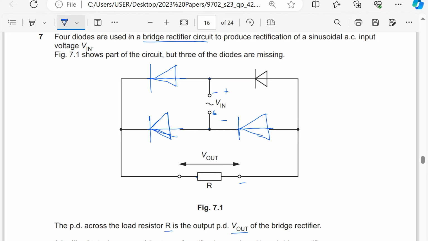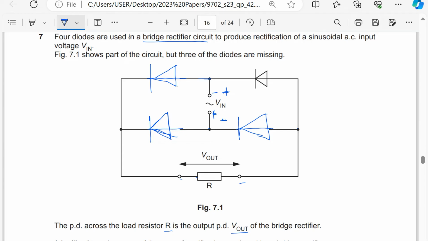So let's check. This is positive. Current flows like this. It doesn't go this way. It enters from here. It continues. It can't go back to where it was positive, so it will come back this side to the negative part.